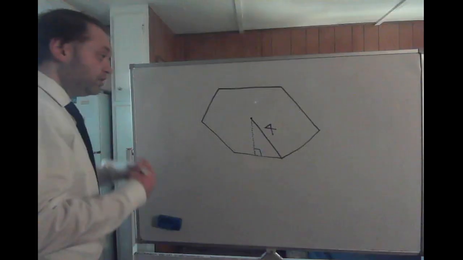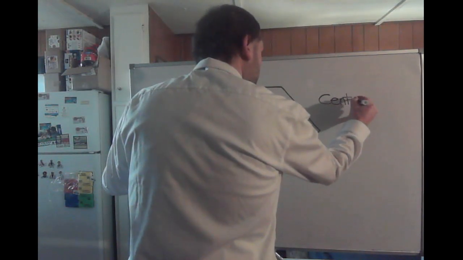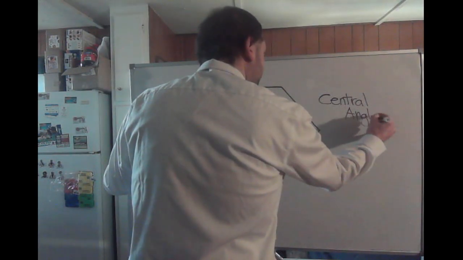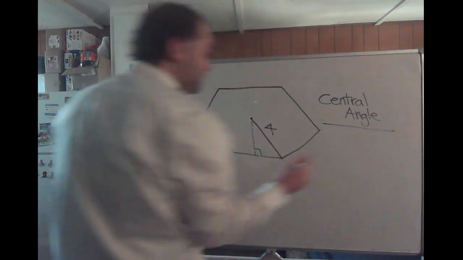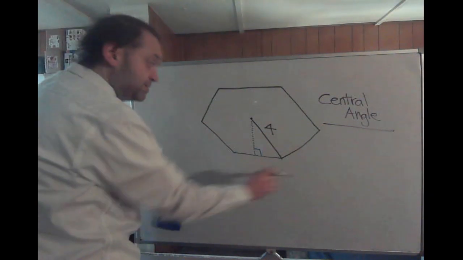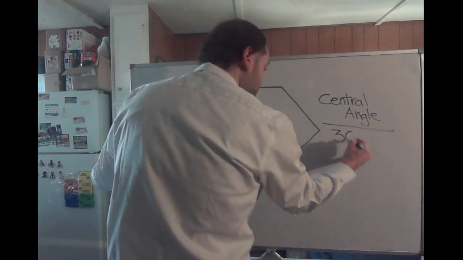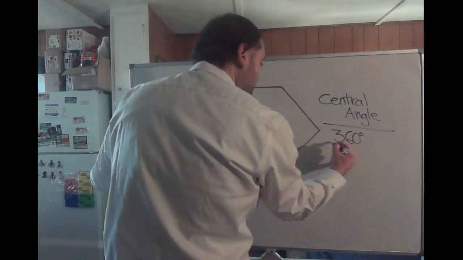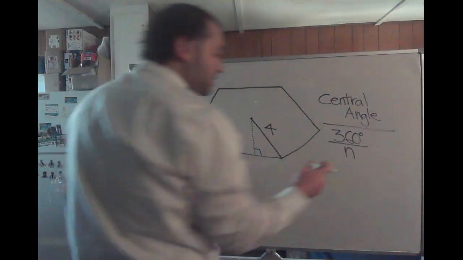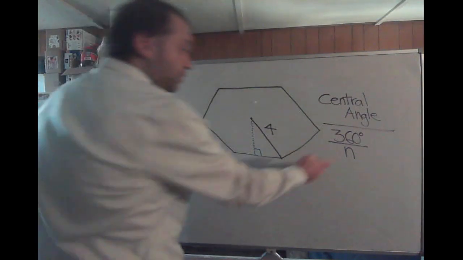The central angle of a regular polygon is going to be based on the circumscribed circle around it, which is 360 degrees divided by the number of sides of the polygon. That's the formula for finding the central angle of a regular polygon.